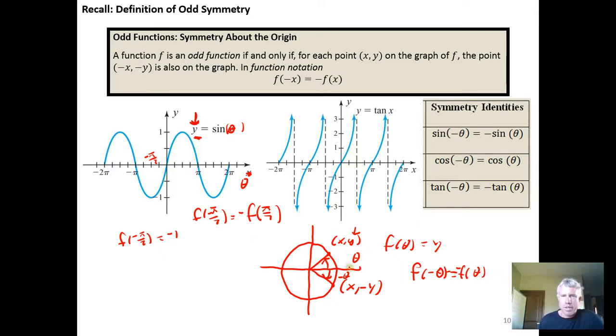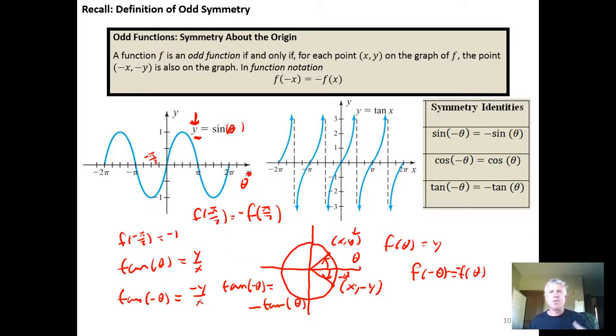The tangent function also has odd symmetry, because the tangent of theta is y over x. Clearly, if we plug in negative theta, we get negative y over x. So the tangent of negative theta is the opposite of the tangent of theta.